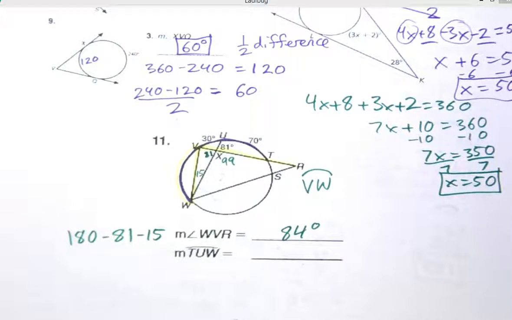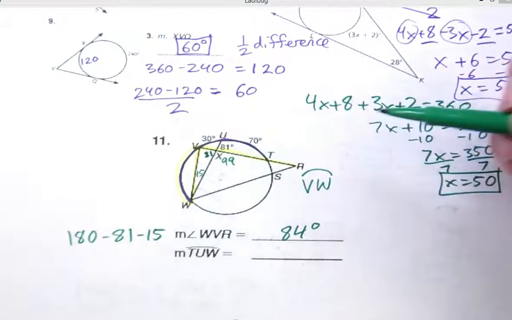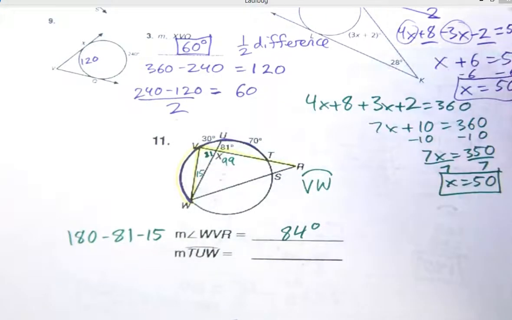Yeah, we have an 81 to help us. What's our rule? Is it the same? Is it half? Or is it half the sum? Is there a way you can find arc? So it's not a central angle, it's not an inscribed angle, so we can't do just straight either half or straight the same.